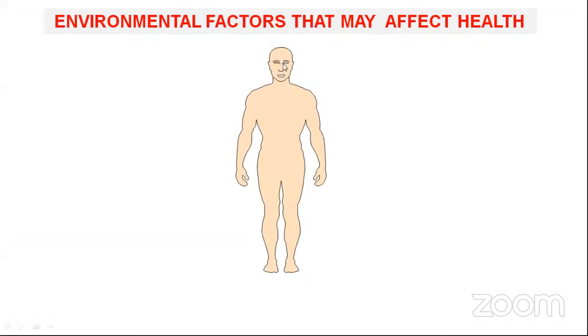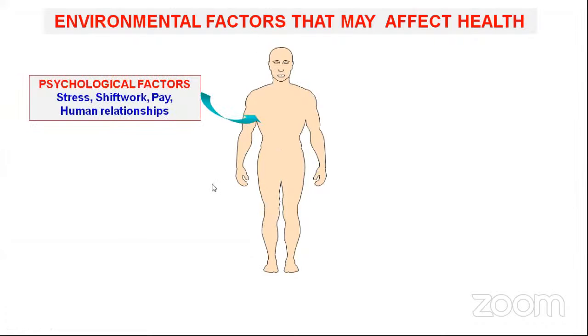What are those that affect human health? Because we are all human beings, we now take human health as the central theme. And what are those factors, external to the human being and a part of the environment, that will affect the human being? The first and foremost, to your surprise, is psychological factors. Man is a man with a mind.